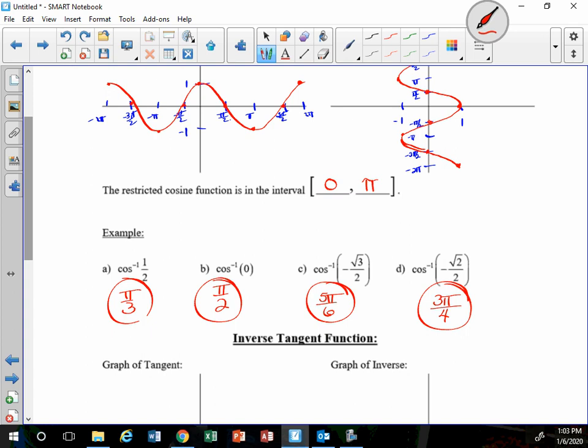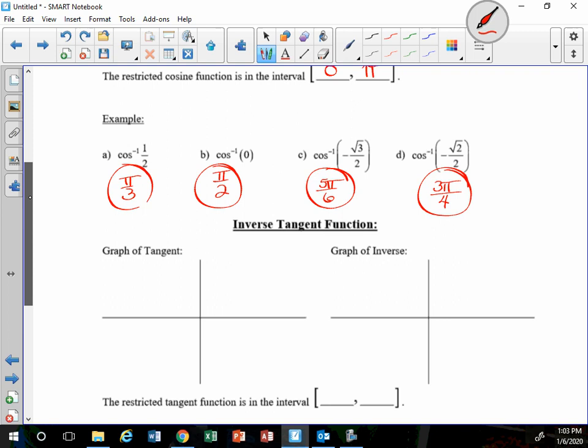All right, guys, questions before we look at tangent? It's the last one we're going to draw a graph of. And again, the graphing is not what I'm going to ask you questions about. It's just so you understand why we only use part of the circle. Okay? All right, so parent graph for tangent.